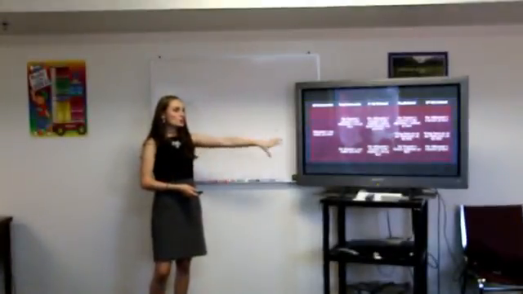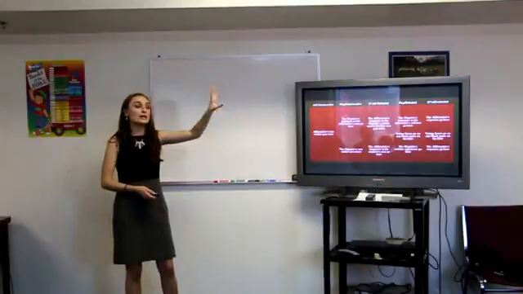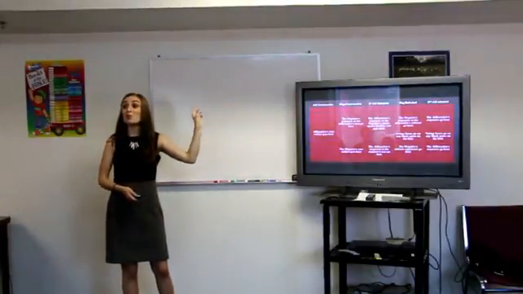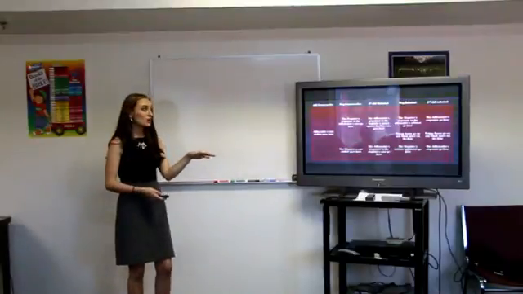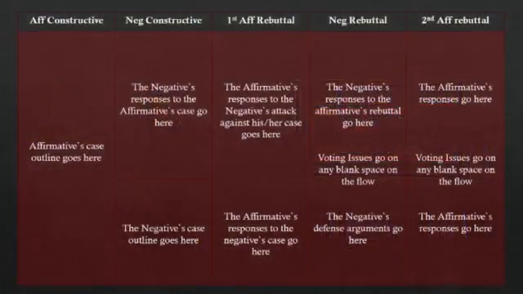Okay, so Josh has already gone over this a little bit, but this is basically what goes in each speech and where you write it on the flow. You guys have that piece of paper in your handout. The flowing that people use in LD is called by-speech flowing. Basically it organizes each speech into different sections.